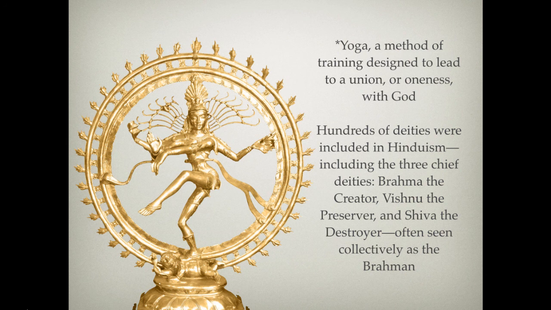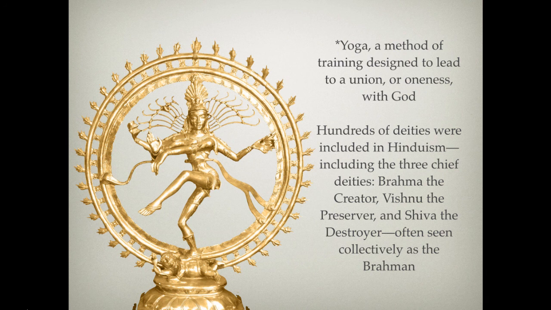Three of the major deities of Hinduism are Brahma, the creator, Vishnu, the preserver, and Shiva, the destroyer. Here's a depiction of Shiva. Often these three are seen collectively as Brahman, a sort of trinity in Hinduism.